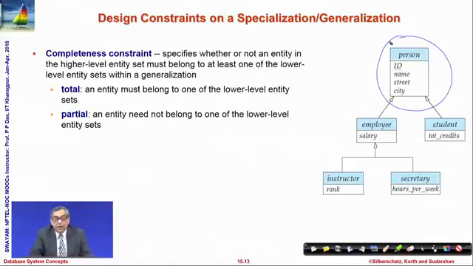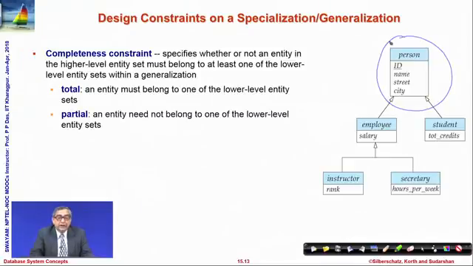The question is, for a higher level entity set, is it necessarily true that every entity will be represented in one or more of the lower level entity sets? If it is guaranteed that an entity must belong to one of the lower level entity sets, we say that it is a complete specialization.